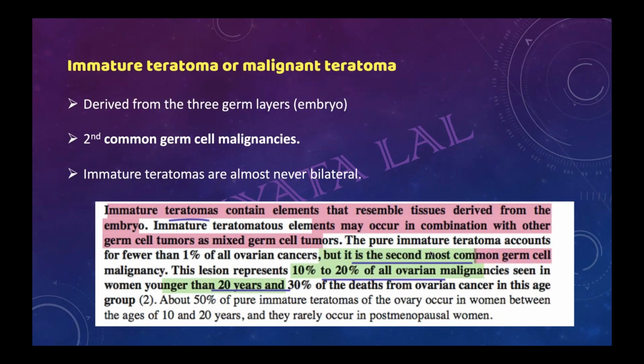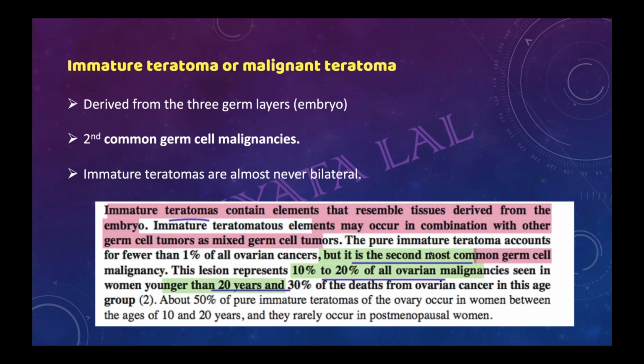Now coming to the second variety, that is the immature teratoma or malignant teratoma. We already saw in the first flow chart, the origin is embryo. If it is immature, then it is malignant. It is the second most common germ cell tumor, and these are never bilateral.